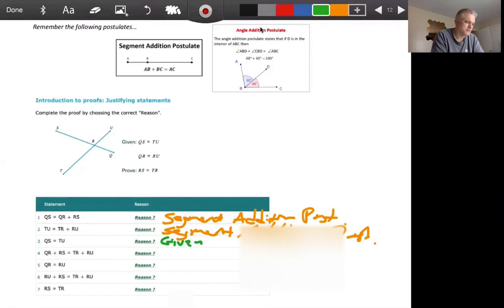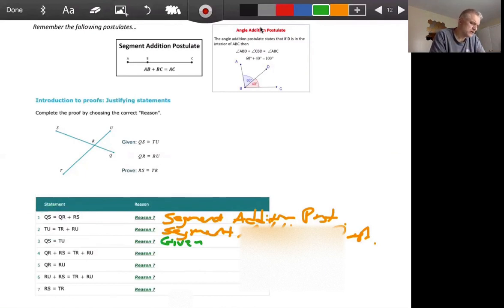That's given info. So now QR plus RS equals TR plus RU. Huh. So look up here. Does it have anything about QR plus RS equals TR? No, it doesn't. Okay. Picture. QR plus RS equals TR plus. So, I mean, it looks pretty good, but if you look at what we've got in evidence here, look what you've written.